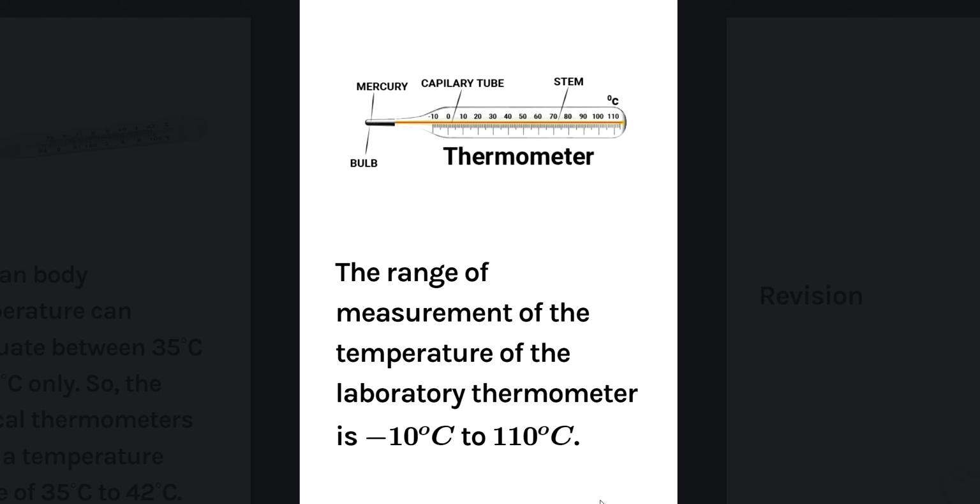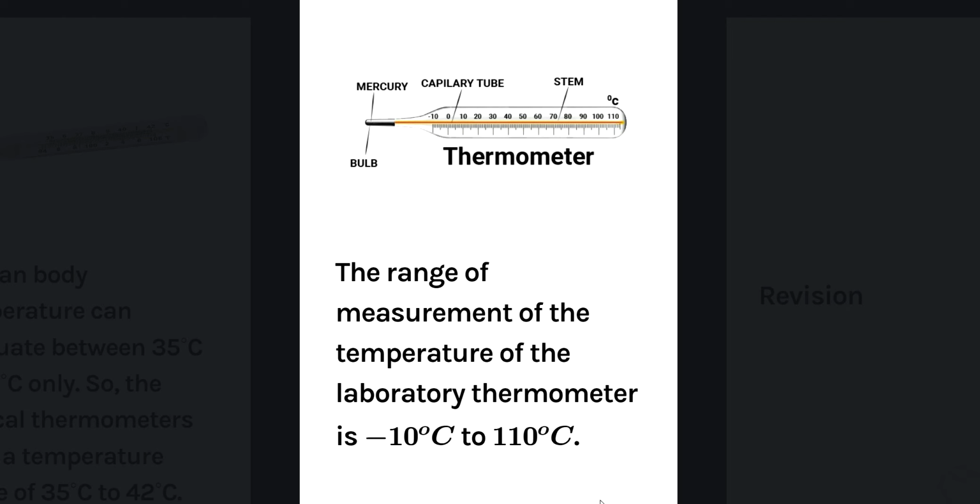to 110 degrees Celsius. So students, from this video you understand that there are two types of liquid in glass thermometer. One is the mercury thermometer, mostly used for clinical purposes by doctors. The other is the alcohol thermometer, used in the laboratory. The clinical thermometer has a small range, whereas the alcohol thermometer, the laboratory thermometer, has a wide range.